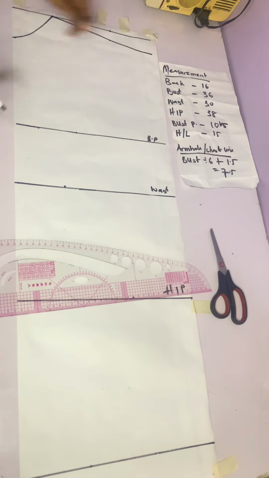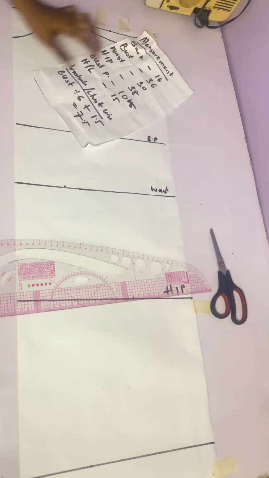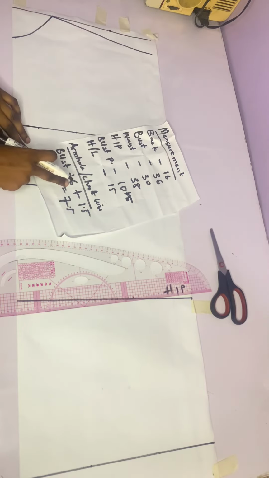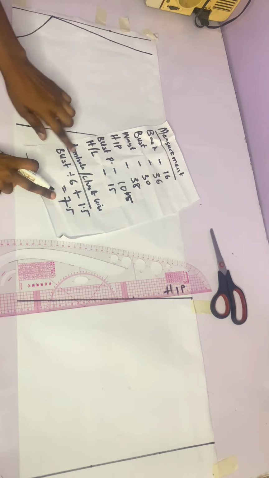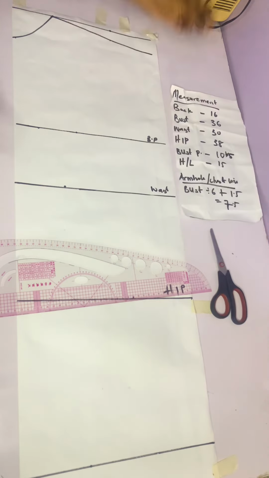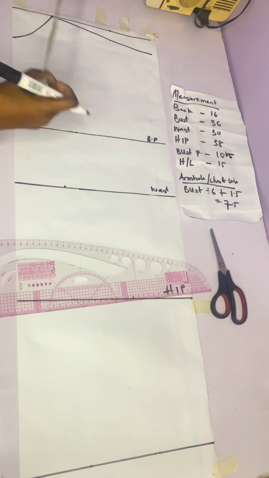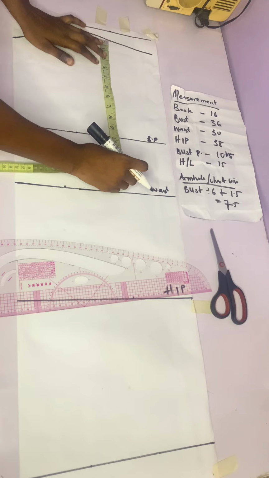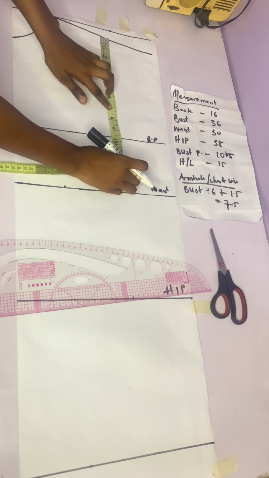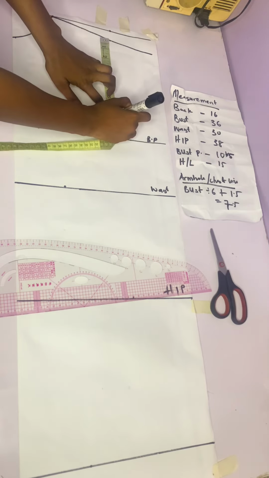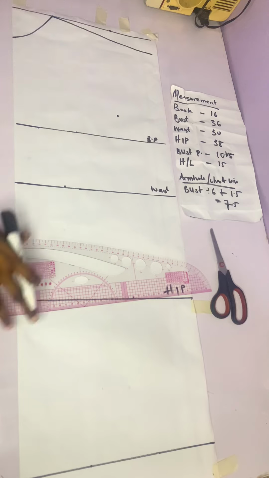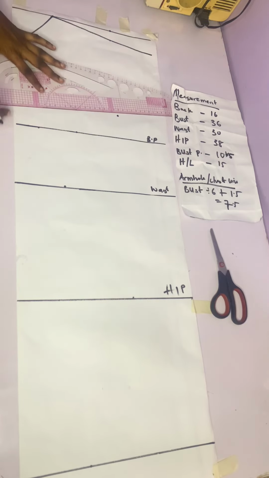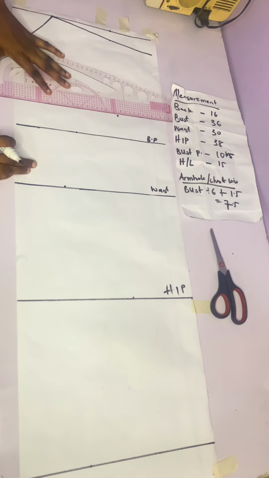So to get the armhole measurement, the standard is the bust circumference. That's 36 divided by 6 plus 1.5. I have 7.5. So I'm just going to connect the 7.5 from the shoulder slant, just like this.